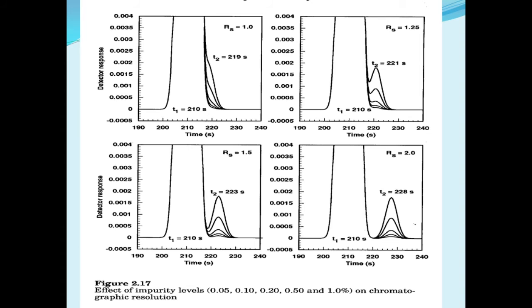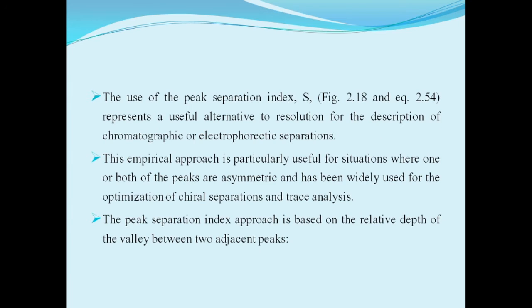The use of the peak separation index, capital S, represents a useful alternative to resolution for the description of chromatographic or electrophoretic separation. This empirical approach is particularly useful for situations where one or both of the peaks are asymmetric and has been widely used for the optimization of chiral separations and trace analysis.